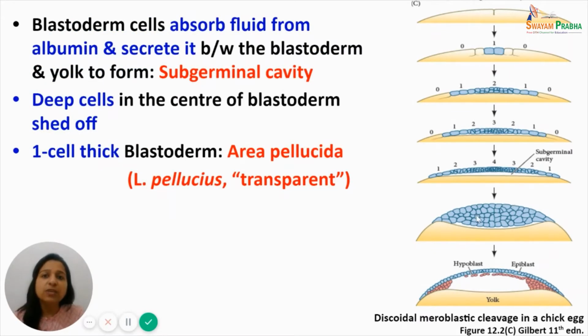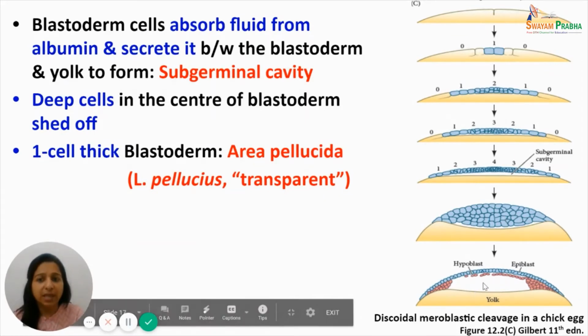Eventually, the blastoderm cells absorb fluid from the albumin and secrete it between the blastoderm and the yolk. Thereby, they form a cavity between the blastoderm and the yolk, which comes to be called the subgerminal cavity. Now, deep cells in the center of the blastoderm begin to be shed off into the subgerminal cavity.